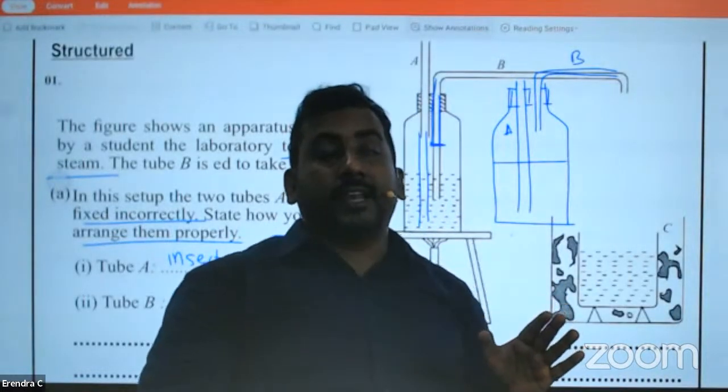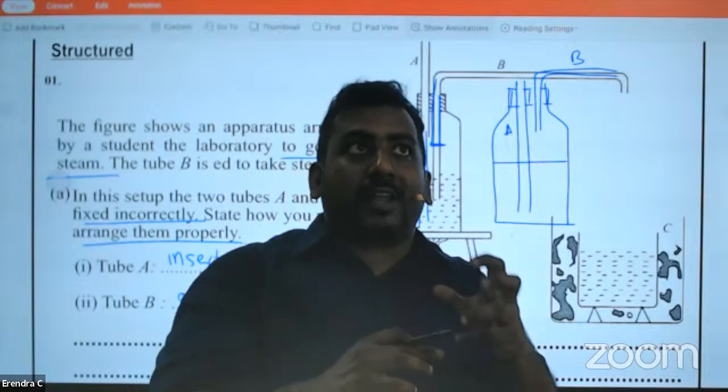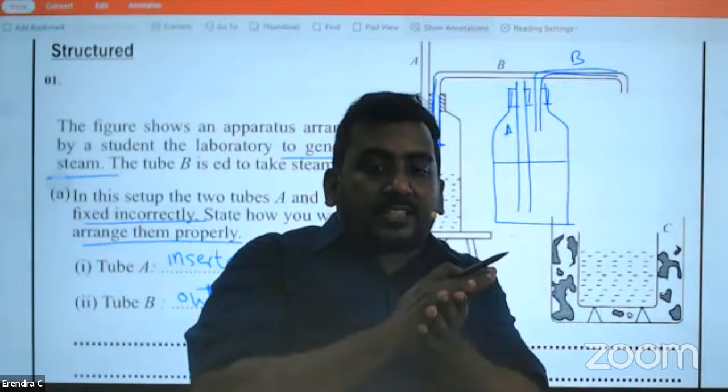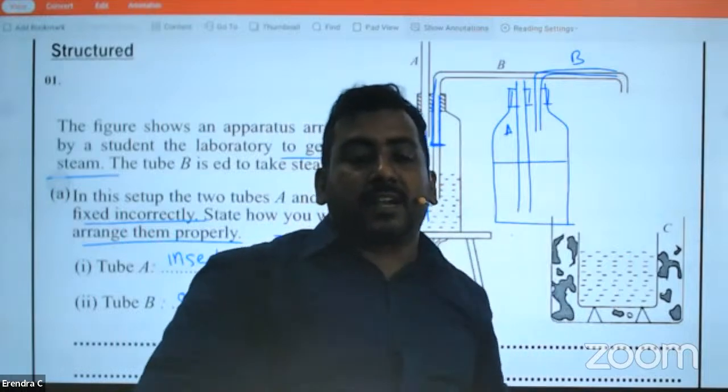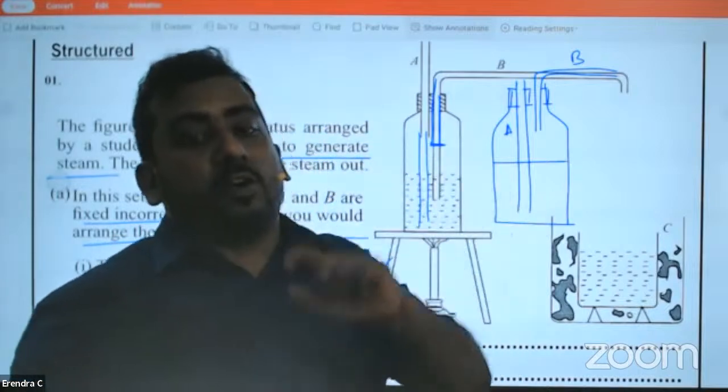Wrong. If you insert directly into the calorimeter, there will be a mixture of water and steam. When steam touches the water, condensation will take place. We want pure steam to go, not a mixture of water and steam.